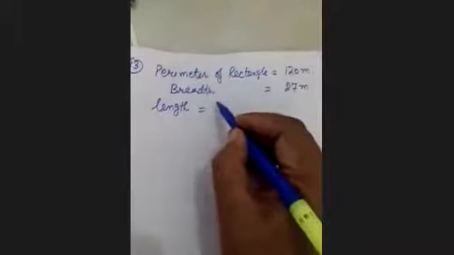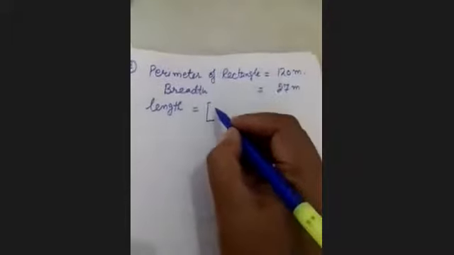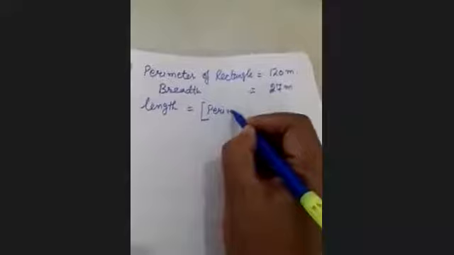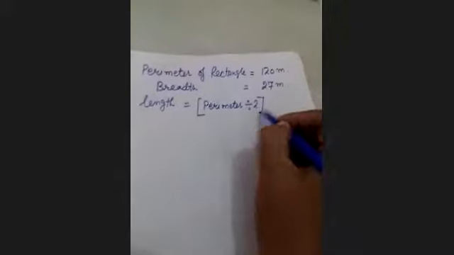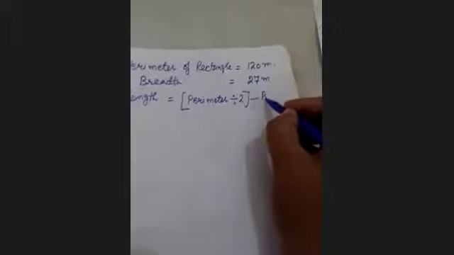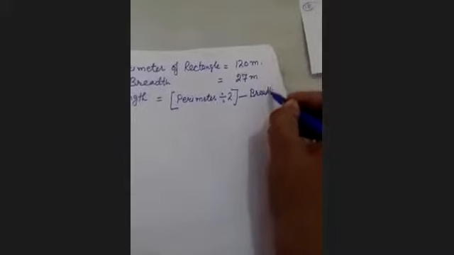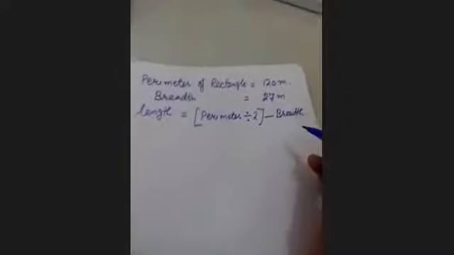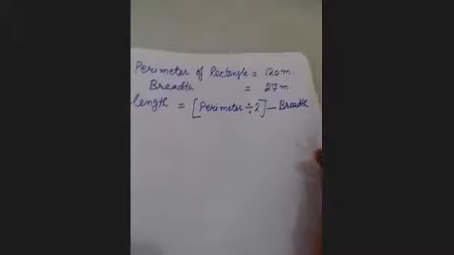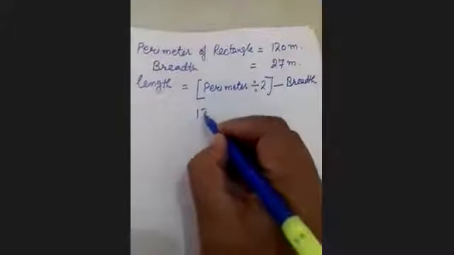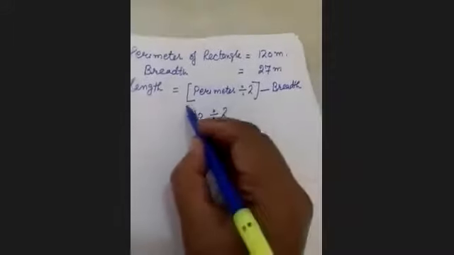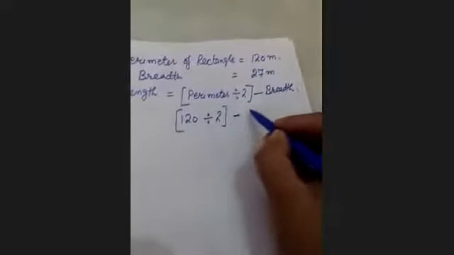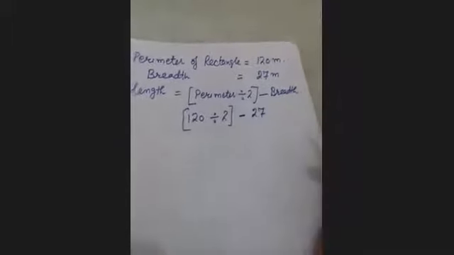To find length, first we will divide perimeter by 2, then subtract width. Perimeter is 120, divided by 2, minus 27.